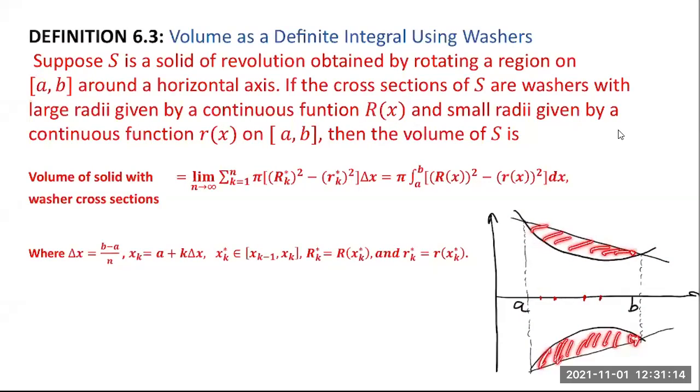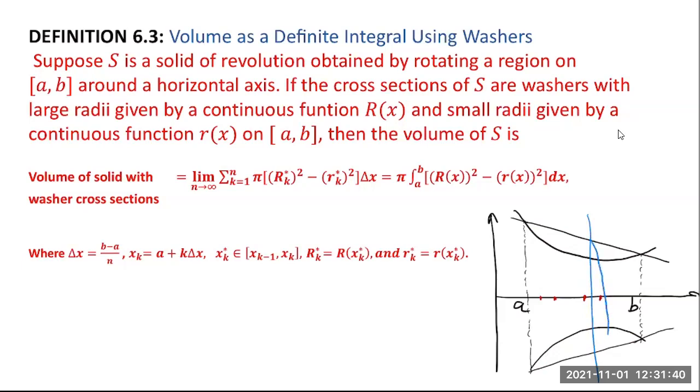As you can see now, if you take a cross section of this solid, let's say somewhere here, you don't get disks because this is an empty region. There's no disk there. In that case, what do you get? If you have a vertical cross section like this, you get washers this time.